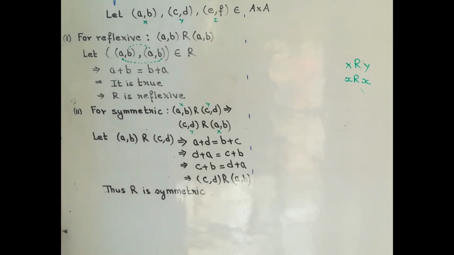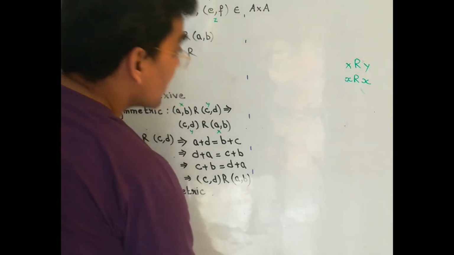So R is symmetric. You can note down this much. And now we have to prove that the relation is transitive. So let's see for transitive.